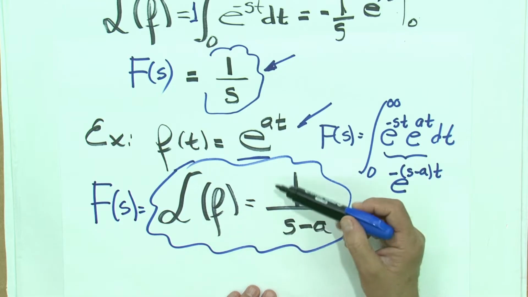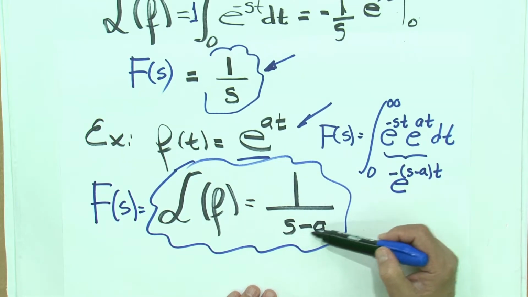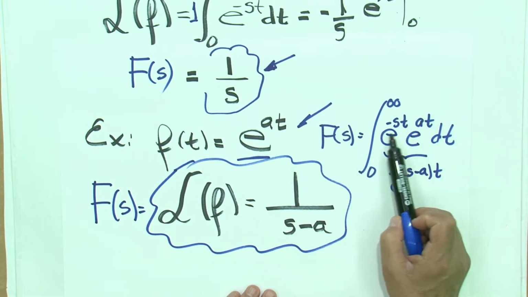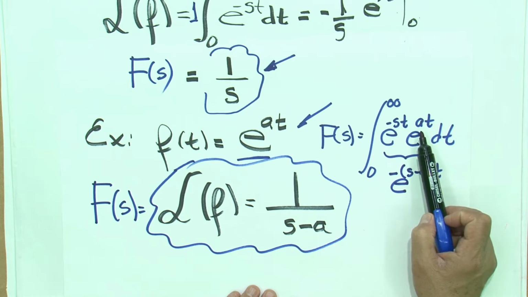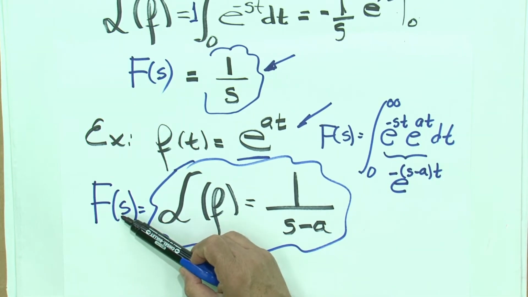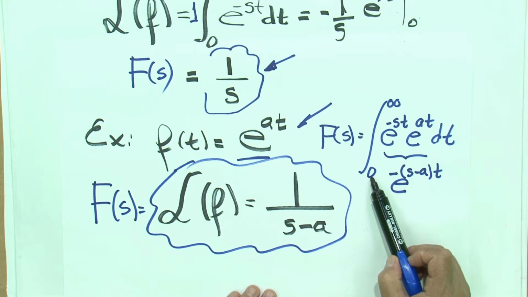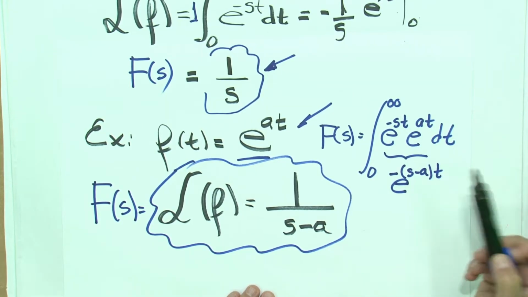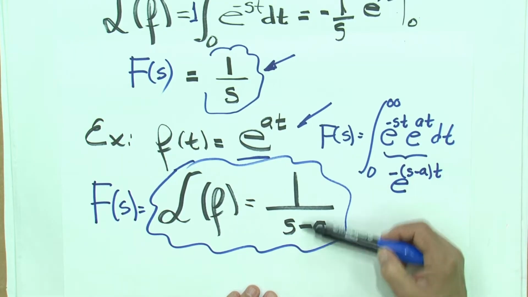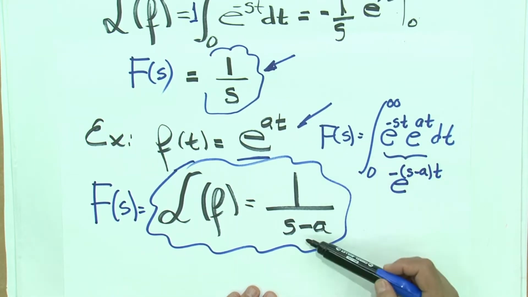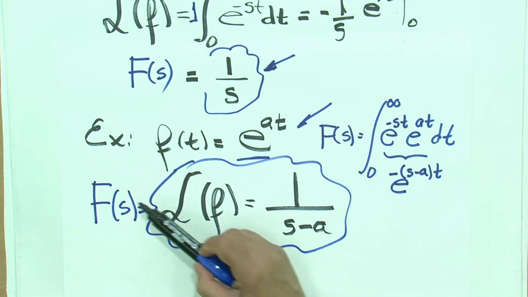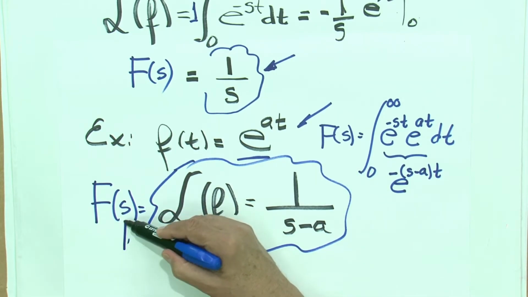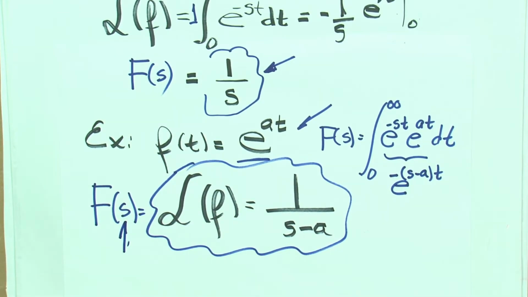So the Laplace transform of this is 1 over s minus a. And if these cancel, of course we have a divergence in the Laplace transform, because we basically integrate from 0 to infinity of a constant. And we all know that this gives infinity. That's why there is a divergence when the constant and the new variable of the Laplace transform are equal.